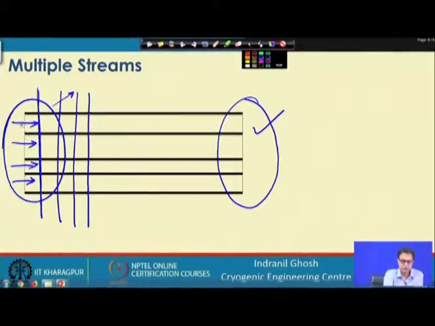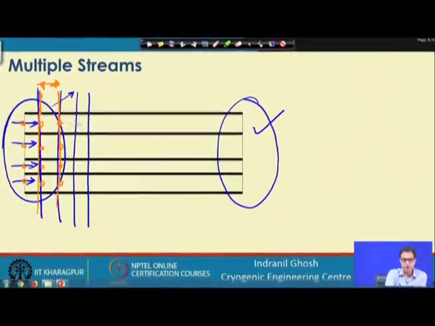So, we know all these temperatures at this end, it is known at this face, and we can try to find out the temperature at this location. If we can find out the temperature at this location, it will act as an input for the next section, and we will be able to calculate the exit temperature for this tiny length of the exchanger.